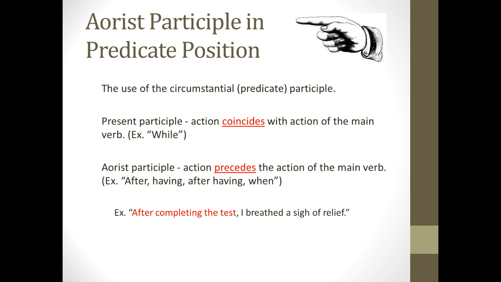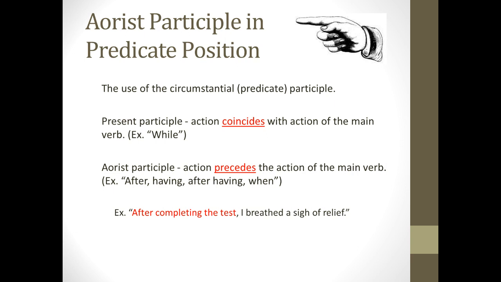So in that case, when we had a participle in the present tense that did not have a definite article on the front of it, we would translate it with the word "while." When we're dealing with the aorist participle, the action of the participle precedes the action of the main verb in the sentence. And so we want to add something like "having," "after having," or even "when."